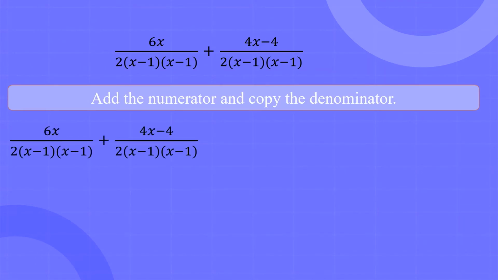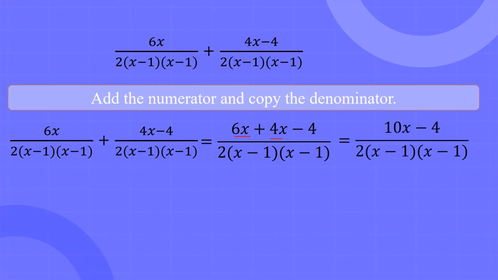Okay, so add natin, we have 6x plus 4x minus 4. Then, combine natin yung similar terms. Ang similar terms natin dito ay 6x and 4x. So, we have now 10x minus 4. Okay, then over 2 times x minus 1 times x minus 1.